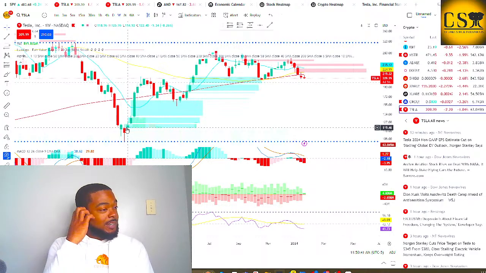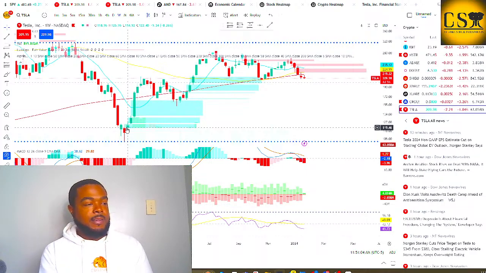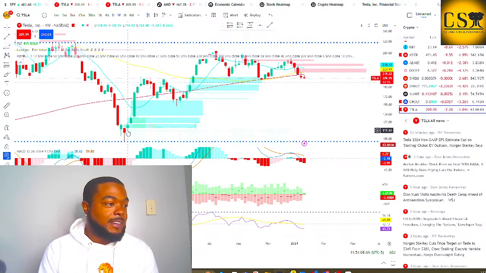What chart are you looking at? I'm looking at the Tesla chart, but I'm rolling back to January 2023. The weekly though. It shouldn't be that far back if it's a weekly chart. Yeah, I'm on weekly, January 2023.